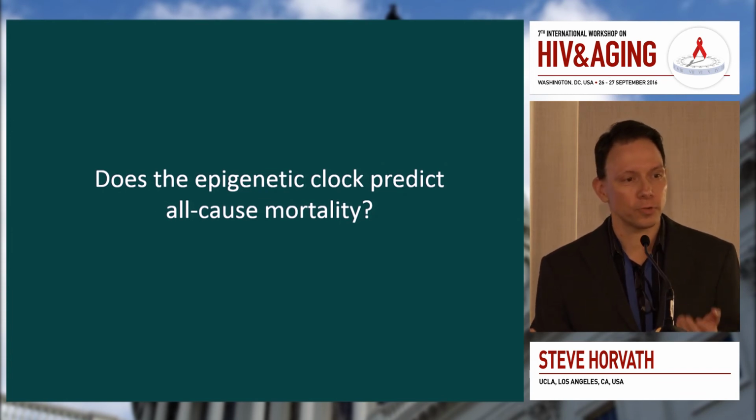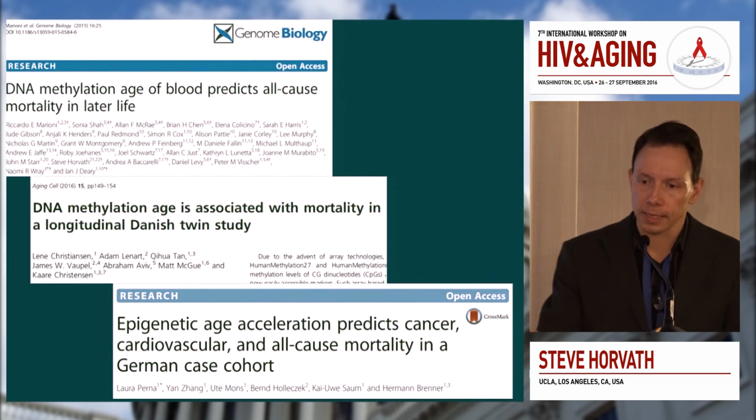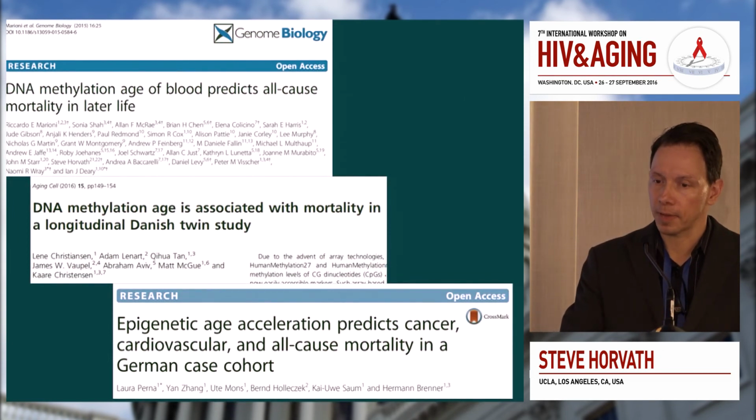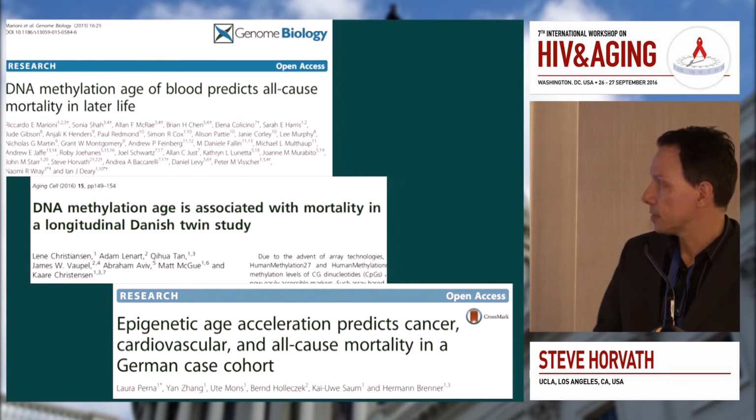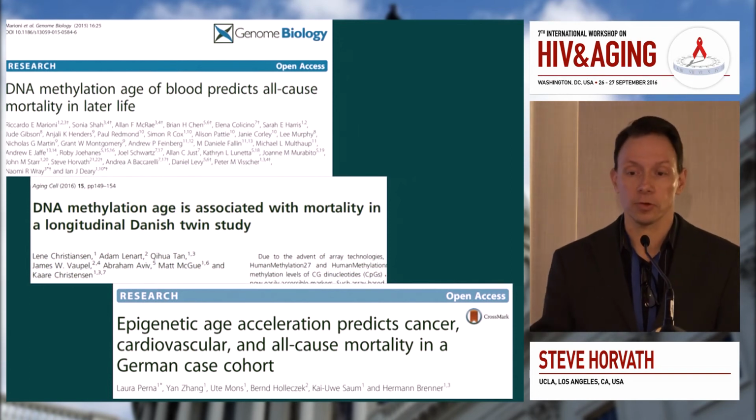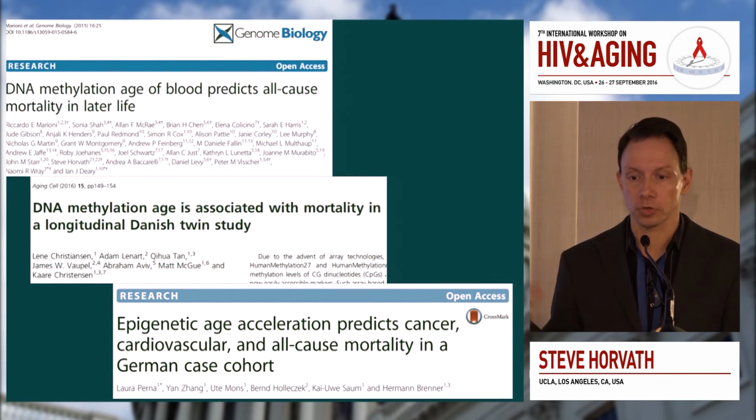Why we want to show that it measures biologic age as opposed to chronologic age. There were several papers out there that already showed that methylation age of blood predicts all-cause mortality. These are Ian Deary, Naomi Ray, Riccardo Marioni, and others, where we collaborated, and we analyzed 4 different cohorts to show that.